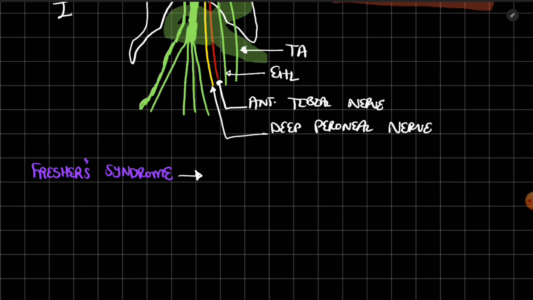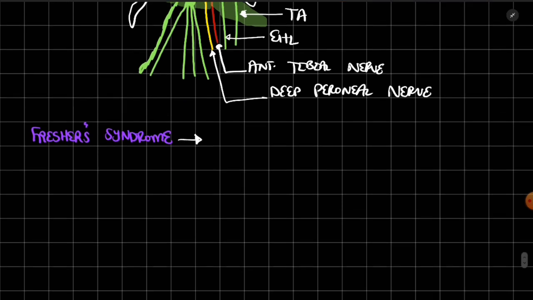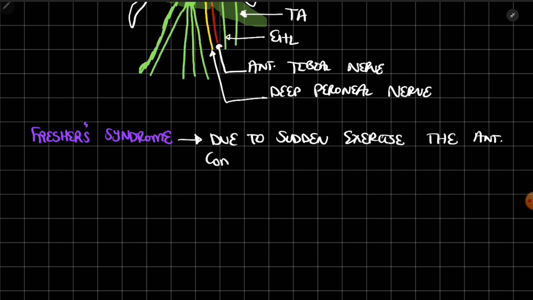Due to the sudden exercise, this is known as Fletcher's syndrome. So due to sudden exercise, the anterior compartment of the leg tends to get pain.